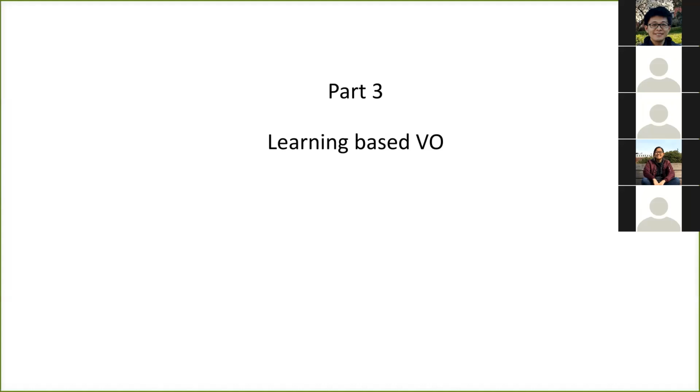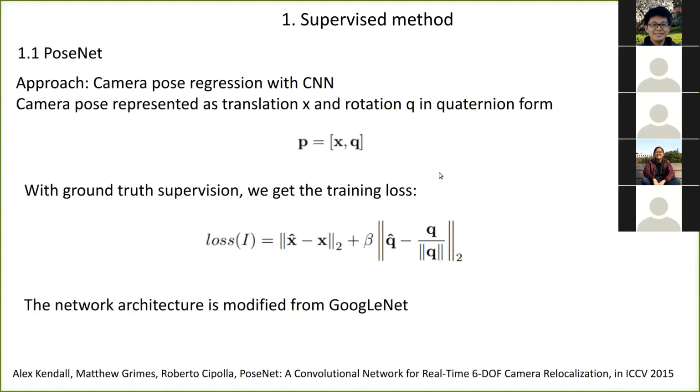Okay. So part of this content will be a little bit similar to what we discussed in the last live seminar, where I introduced the direct methods. Okay, but we'll first talk about supervised methods.